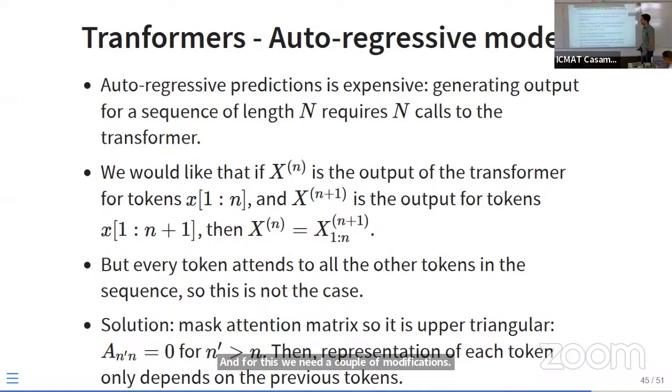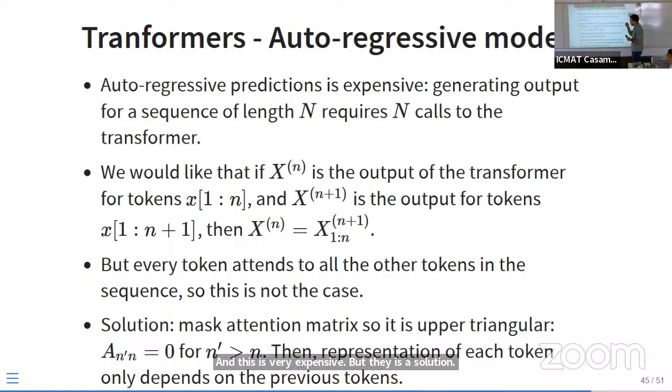First of all, autoregressive predictions are expensive, and the reason is that if you want to generate a prediction, you first need to introduce the first token into the transformer, generate the output, then introduce again the input plus this output to generate the third position, and so on and so forth. So to generate a sequence of length n, this requires calling the transformer n times, and this is very expensive. But there is a solution.